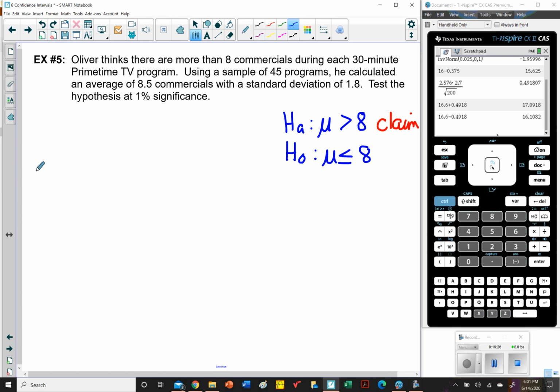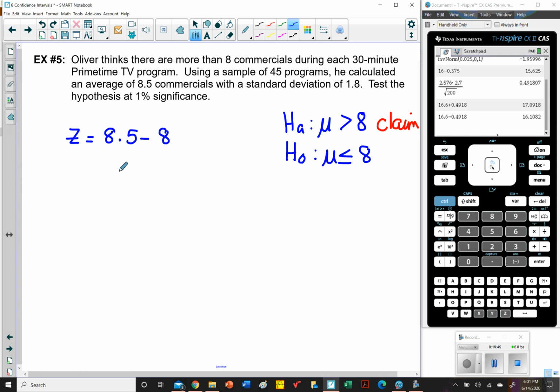Next, we have to calculate the critical value and the critical region using the z statistic. So that would be x bar minus mu. x bar is the average, that's 8.5, minus 8.